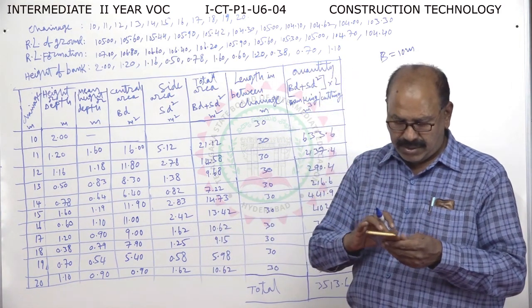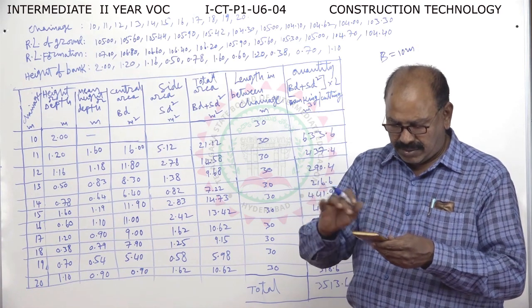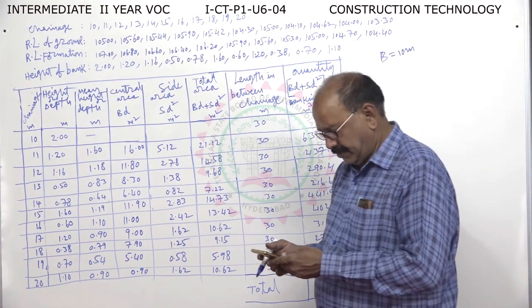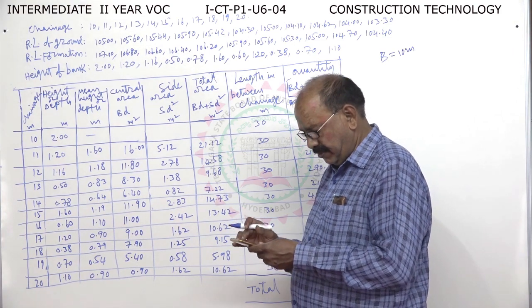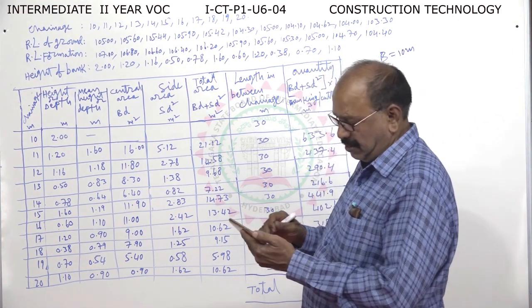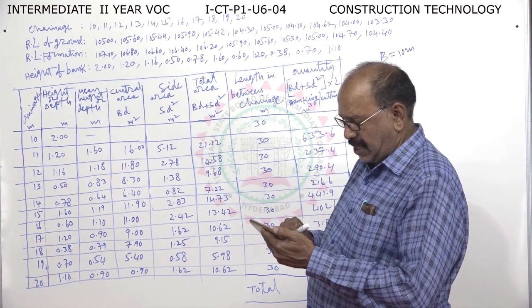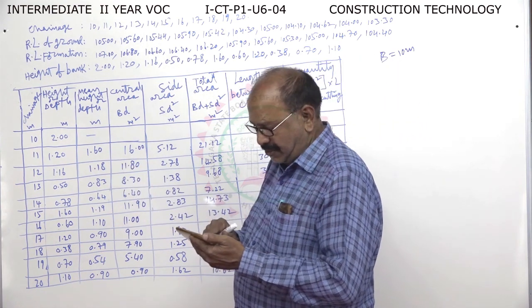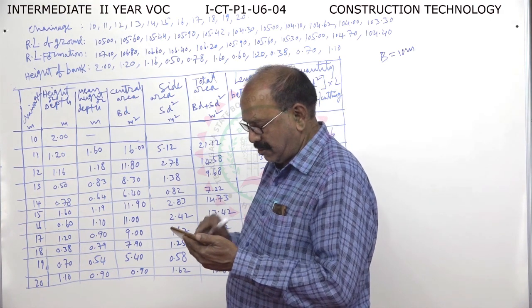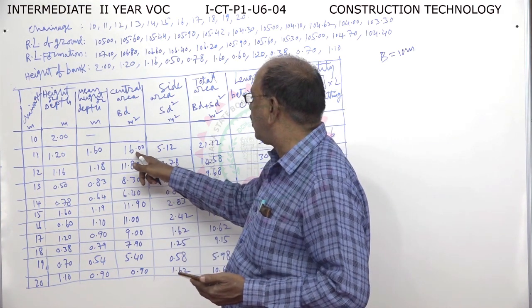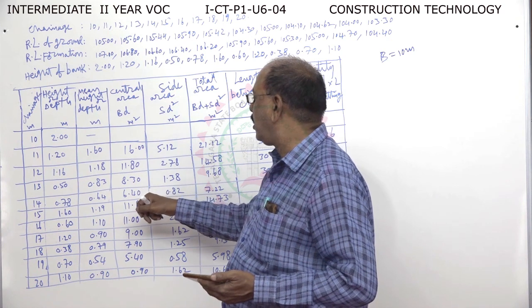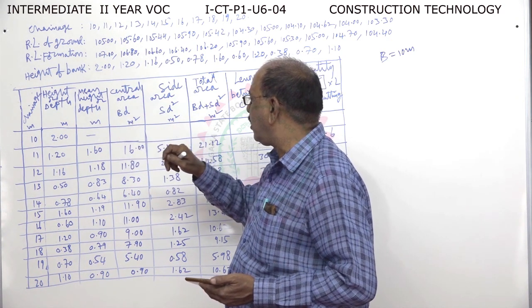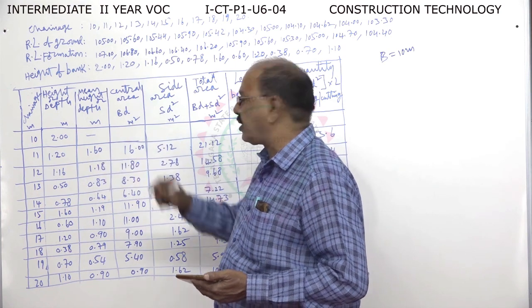Students, so 10 into 1.6 is 16. Okay. Next, in the place of B, take value 10, D value 1.6.